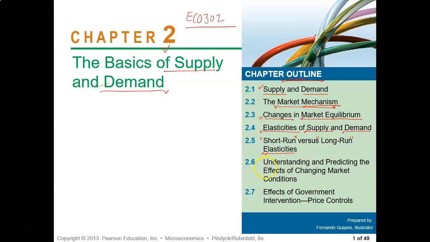Then the next topic is we will understand and predict the effects of changing market conditions. So we will identify those factors, see how we can explain when they change, and also try to predict that. And the last topic is the effects of government intervention, price controls, like price floor or price ceiling. How will those affect equilibrium?